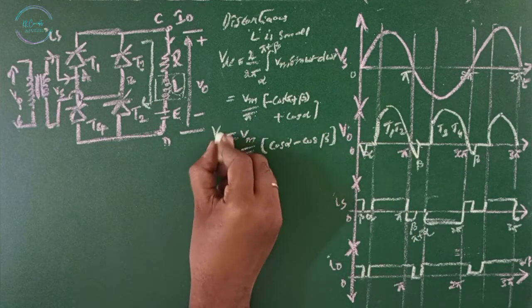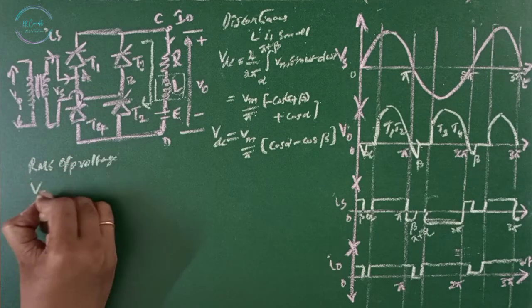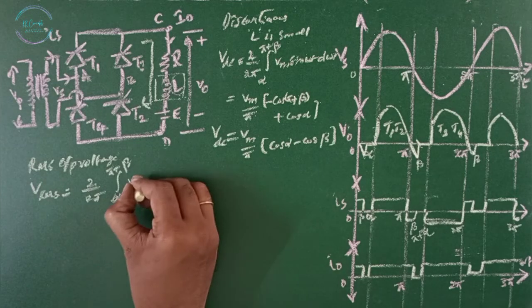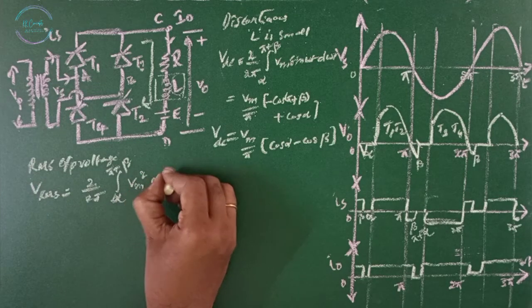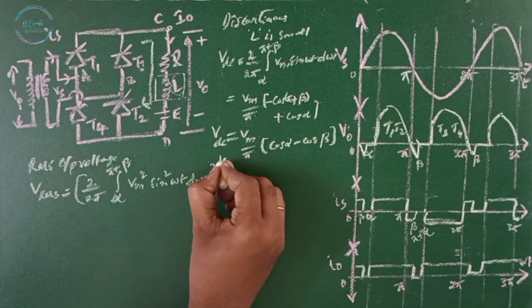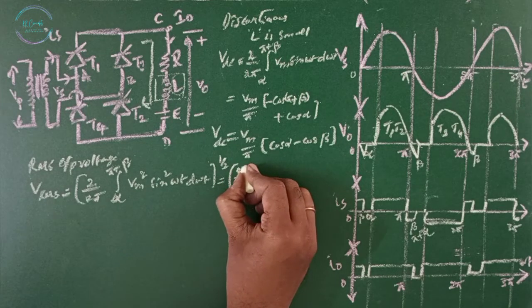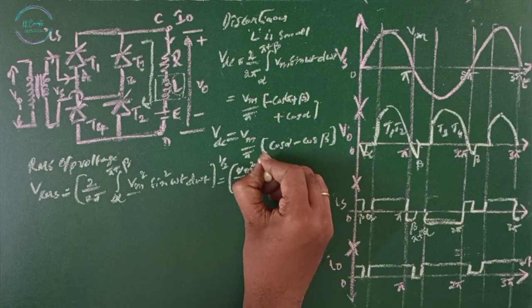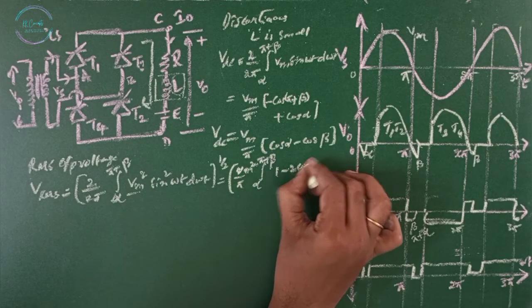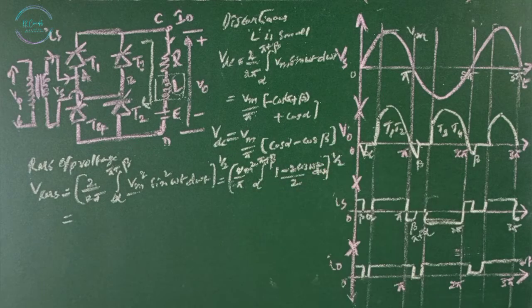This is our VDC. RMS output voltage is V RMS equals 2 by 2 pi integral alpha to pi plus beta Vm square sine square omega t d omega t, whole to the power of 1 by 2. Then we'll be getting 1 by pi Vm square integral alpha to pi plus beta of sine square theta, which equals 1 minus cos 2 omega t divided by 2, d omega t, under the square root.